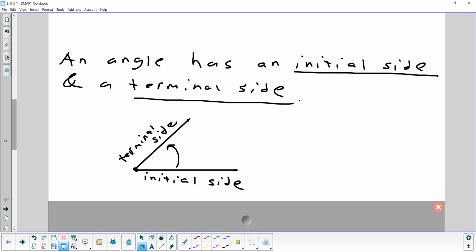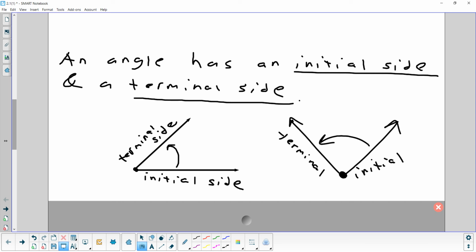The way you can tell which side is which is if you rotate counterclockwise, starting at one side and going to the other side. The one you start at is initial, the one you end at is terminal. So if I had my angle drawn like this, I go in between the rays and I rotate counterclockwise. Where you end is the terminal. Where you begin, that's the initial.